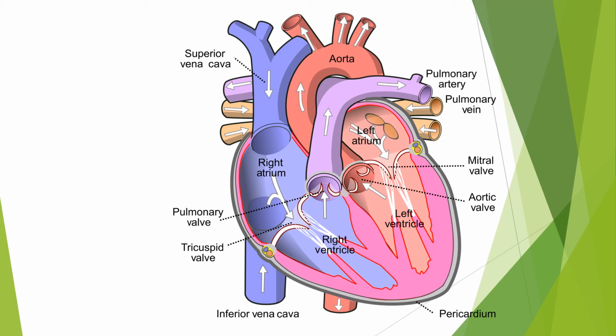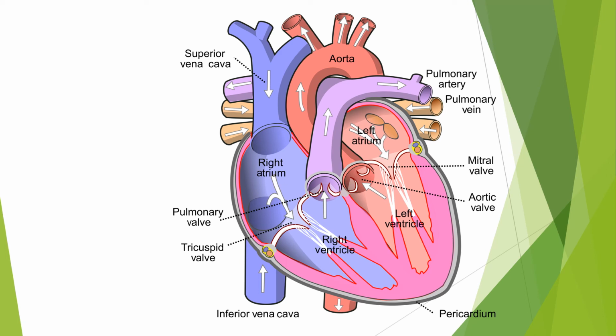The pulmonary artery divides into left and right, giving blood to the lungs. The oxygenated blood from the lungs comes through the pulmonary veins, two from the right lung and two from the left, to the left atrium.